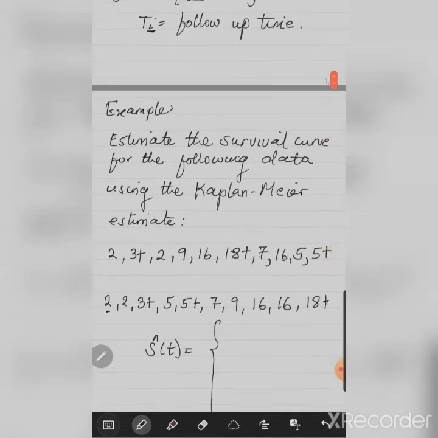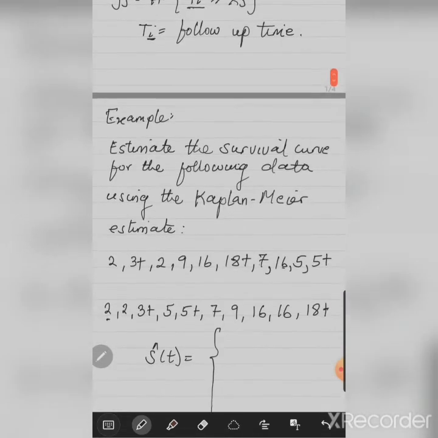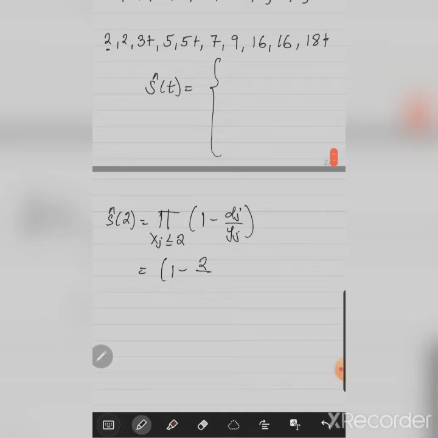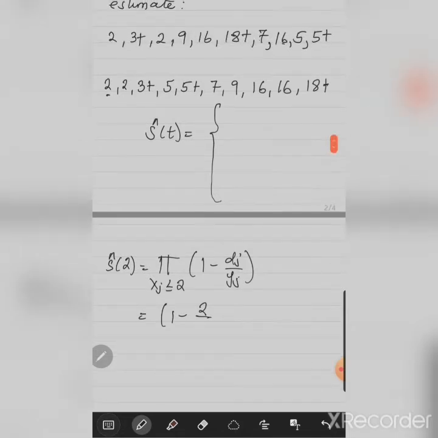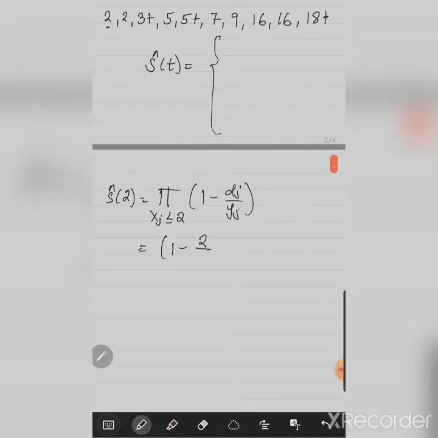And y_j is the number of follow-up times greater than or equal to 2. Since 2 is the smallest time at which an event occurs, all of our other follow-up times are larger than 2. So all 10 observations are greater than or equal to 2, which means all 10 have lasted up to time 2. Our denominator is going to be 10.